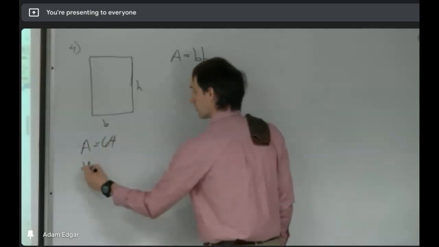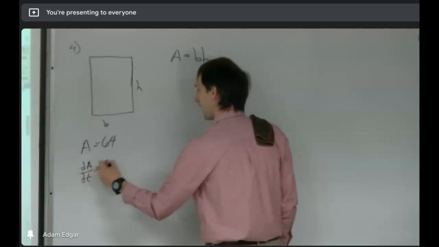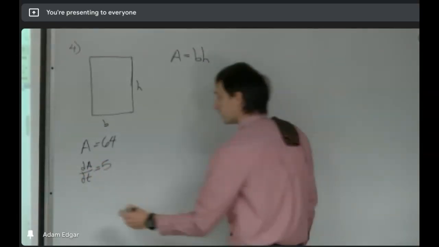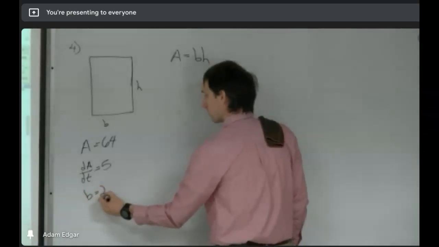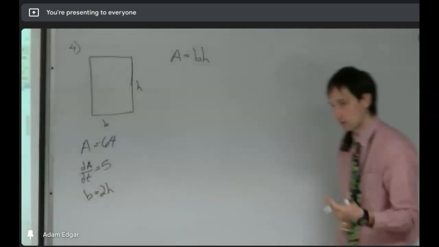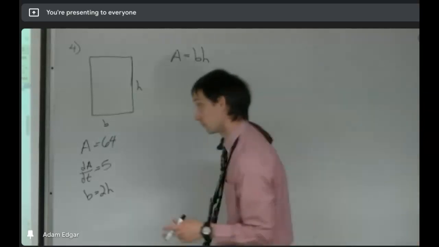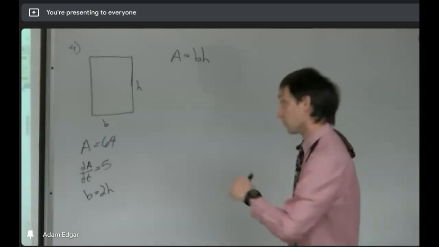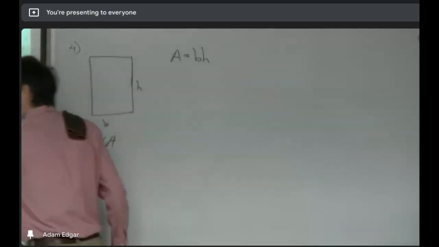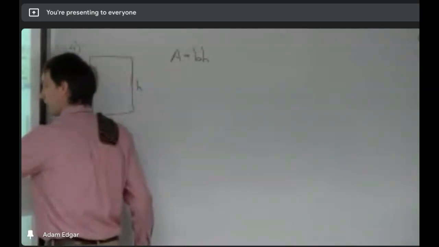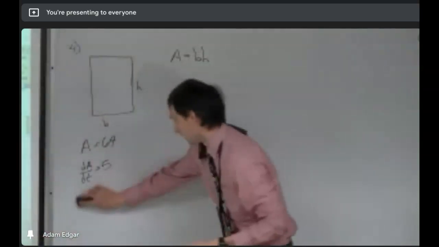We know dA/dt is 5. The height is 2 times the base. So h equals 2b. Oops.